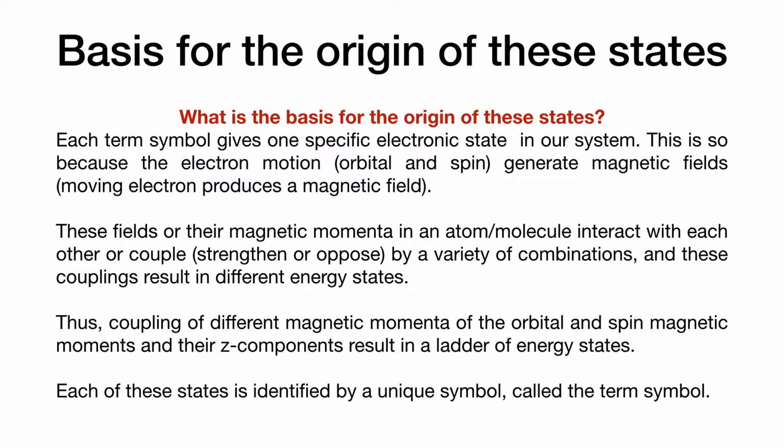And what is the basis for the origin of these different states? As I was alluding to just moments ago, the electron has certain spin, and so it has spin angular momentum. It has some orbital motion, so it has orbital angular momentum. And so then you can sum these two, you get a total angular momentum, and each of these three have z components.